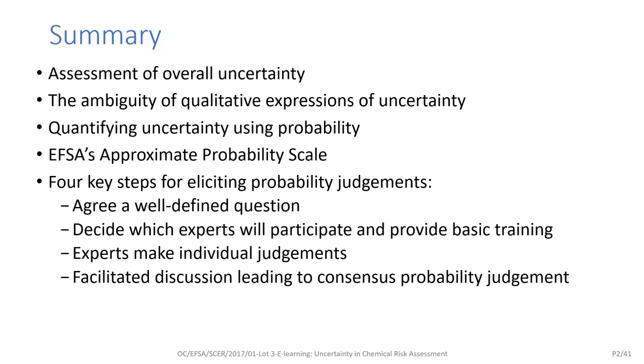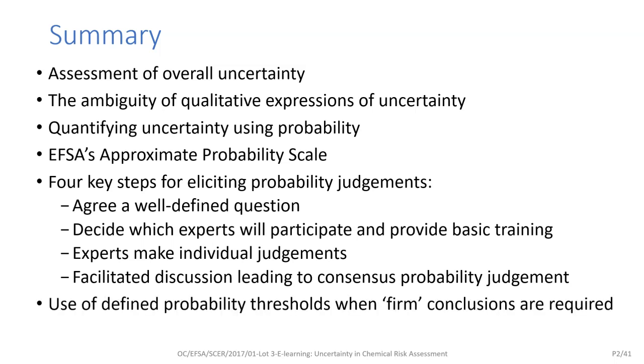I described 4 steps for using the scale to elicit probability judgments from the experts conducting the assessment, and I ended by explaining how defining probability thresholds can enable you to continue reporting your conclusions in your normal way.